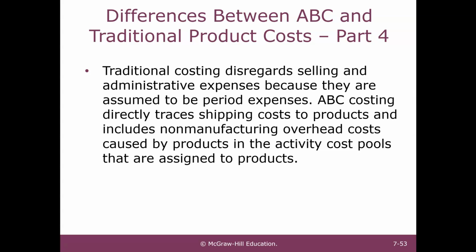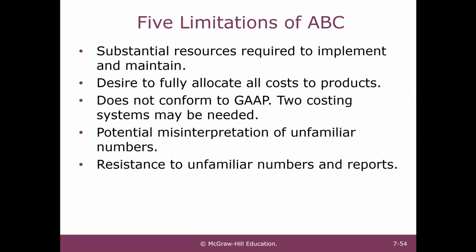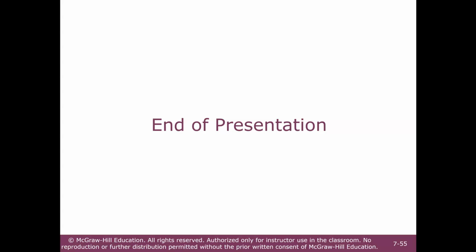ABC costing does not. They don't necessarily see it as a product cost, but it needs to be taken into consideration, because when you have a product, that product is affected by each part of the business, which includes the traditional period expenses. And that is it for Chapter 7.